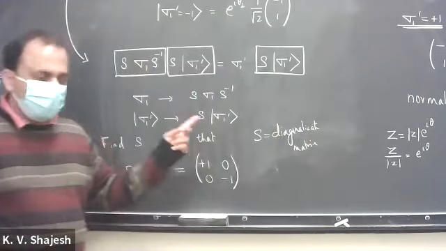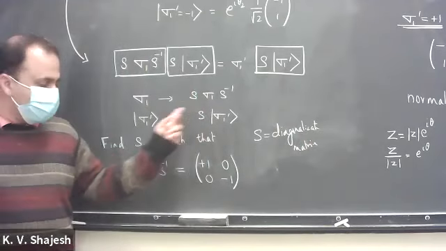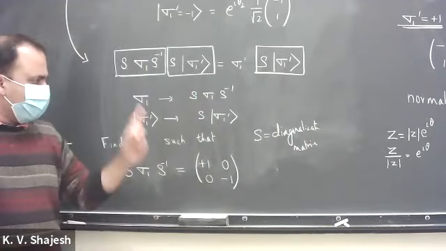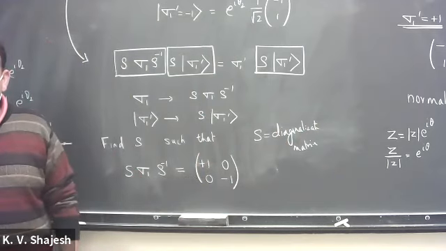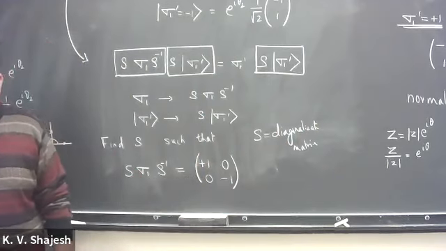I'm saying there exist a lot of matrices which do this, but let me find that particular S which does this job. Okay, and I will call it the diagonalization matrix. And then the question comes, what is that S? Okay.